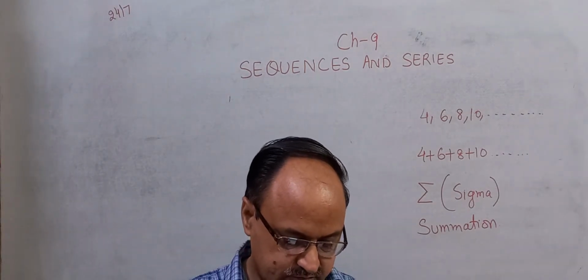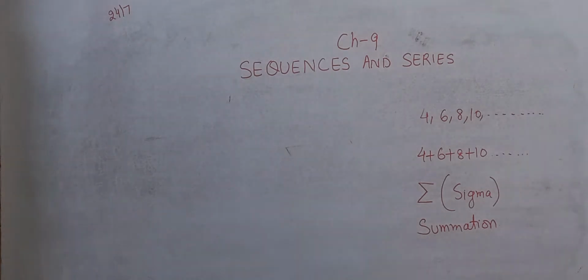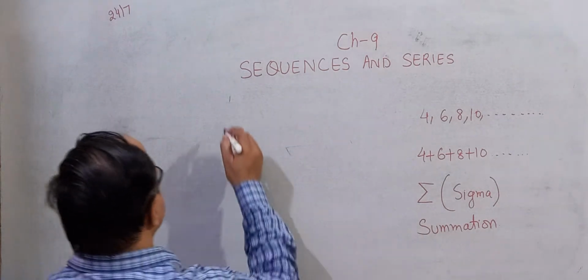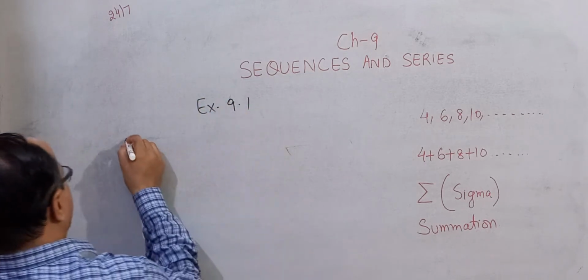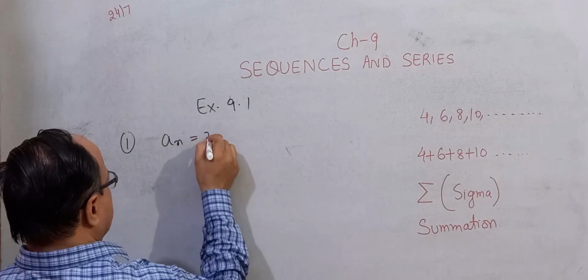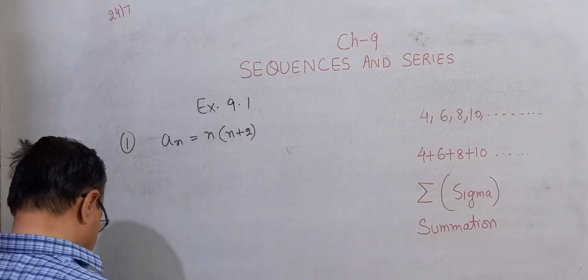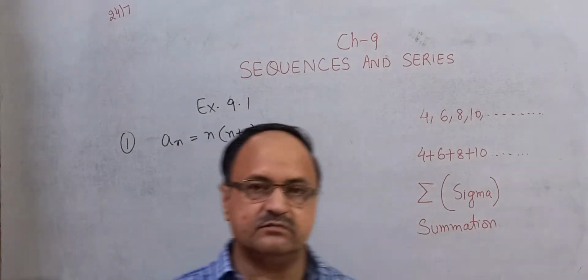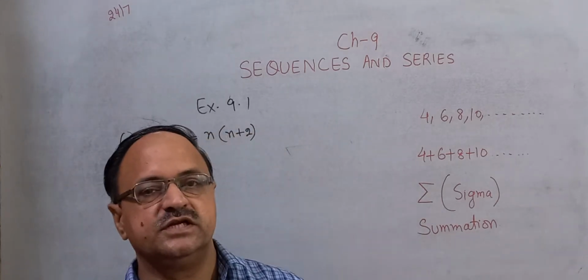Clear? So in exercise 9.1, this type of question. Question number 1: an is equal to n into n plus 2. Write the first 5 terms of the sequence: a1, a2, a3, a4, a5.